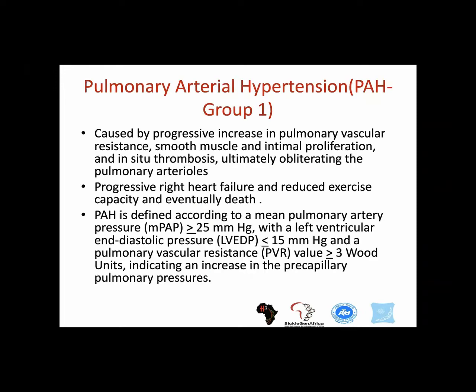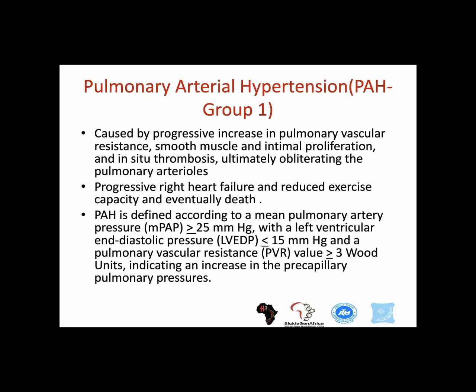So this is more detailed information about the categories. Category 1, which I've mentioned, results from smooth muscle and intimal proliferation with thrombosis and obstruction of pulmonary arterioles, and they have right heart failure and reduced exercise capacity, and eventually they die from right heart disease.